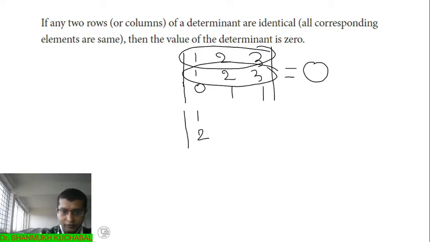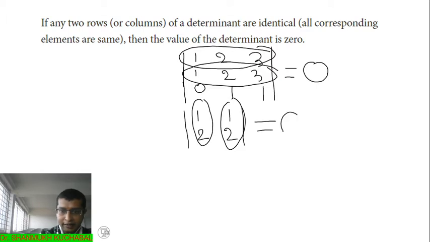Suppose we have 1 2, 1 2. Here the first column and the second column are both identical, then the value of the determinant is 0. So we will go to one more property.